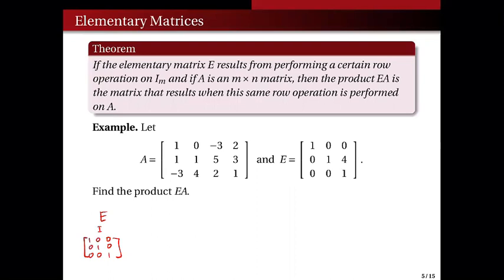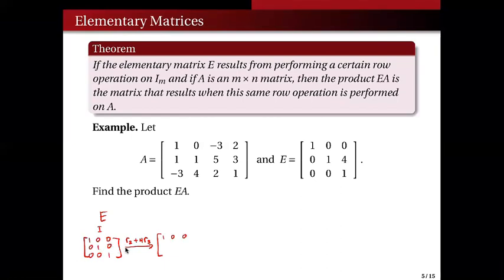You apply a single row operation. What row operation was used? This is R2 plus 4R3. Correct? So we are not changing the first row. We'll just have 1, 0, 0.